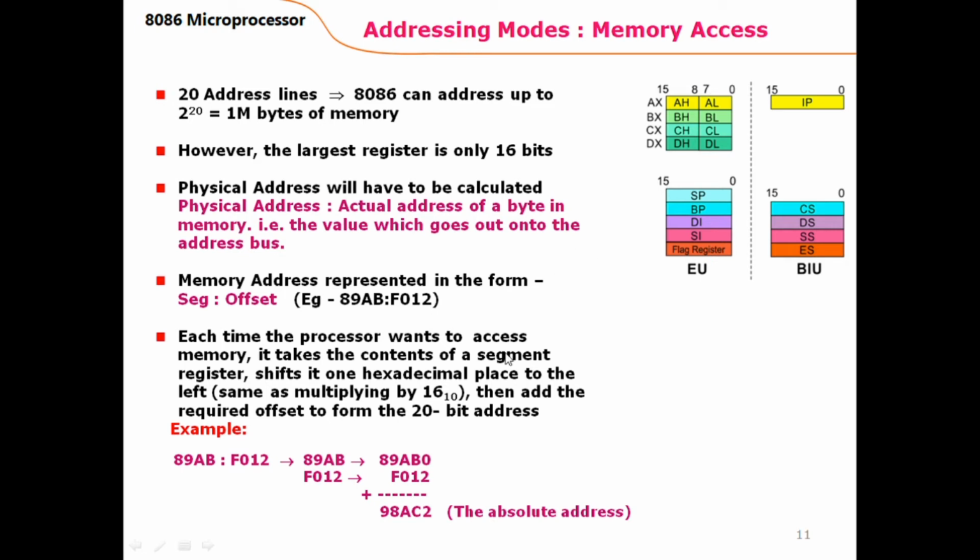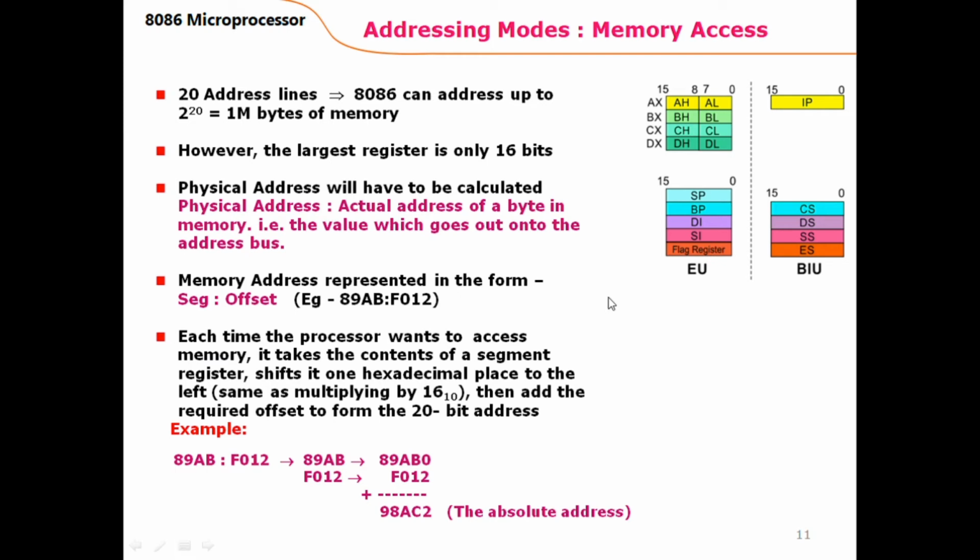Memory address is normally represented in this form: segment colon offset, where the segment is a 16-bit segment number and offset is the 16-bit displacement value. For example, 89AB is the 16-bit value that would be taken from the segment register, while F012 is a 16-bit offset taken from any other 16-bit register.